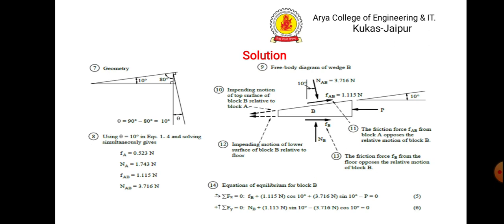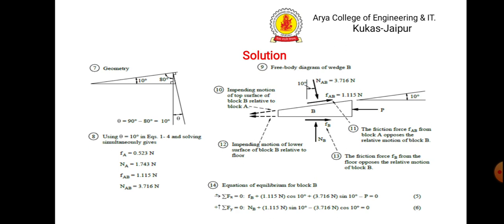Now we will draw the free body diagram of the wedge. For the wedge, P is the horizontal force. The rubbing happens between block A and block B, so the reaction of A on B is NAB, which is inclined at 10 degrees. The impending motion of the wedge relative to block A will be along the inclined edge in the downward direction.